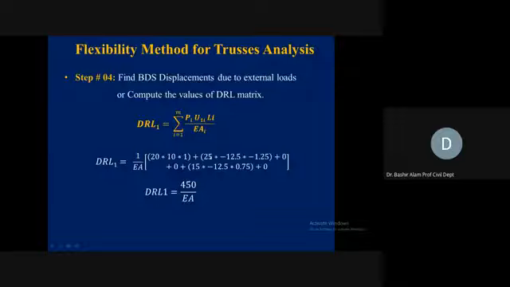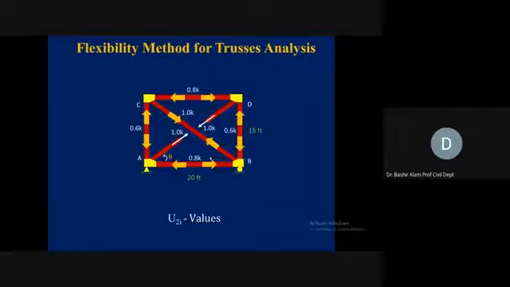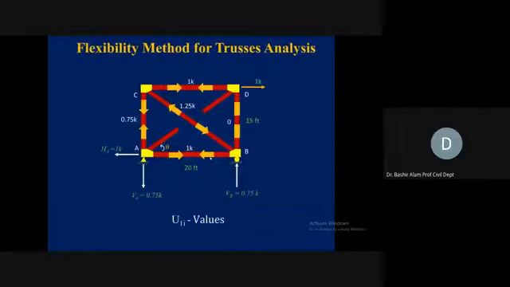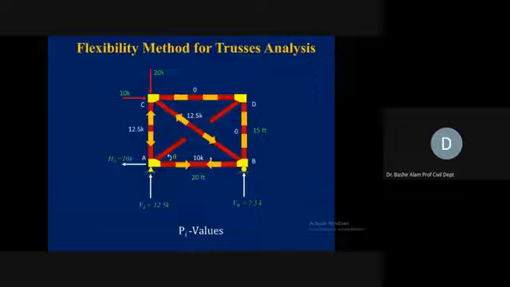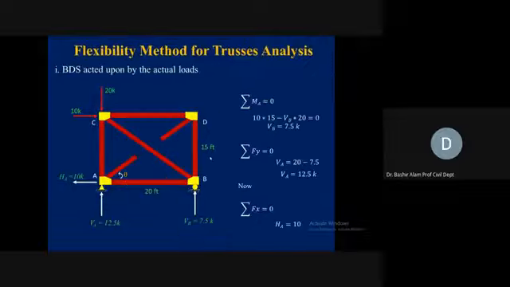For member 2, which was diagonal, let's say member 2 is where? This one. Did we do any numbering?